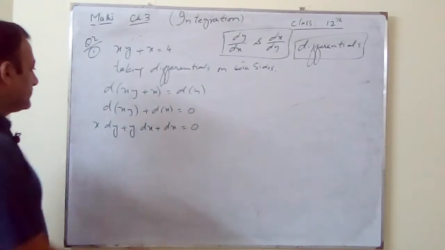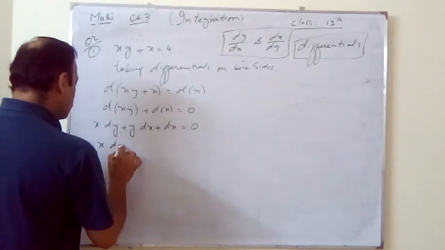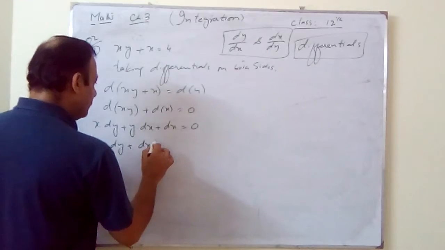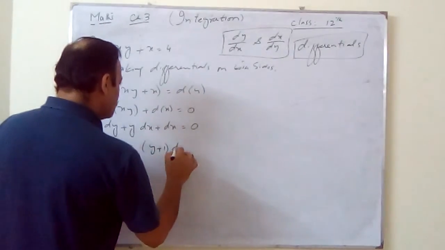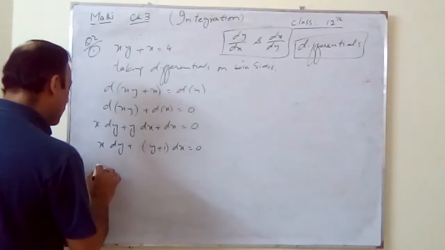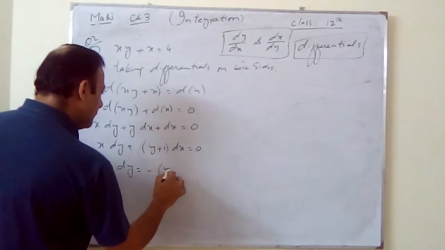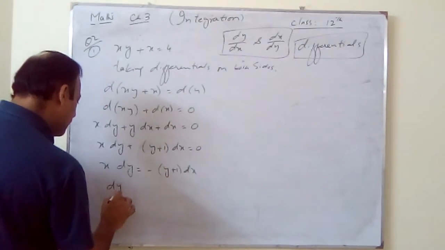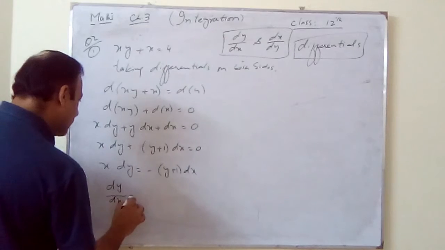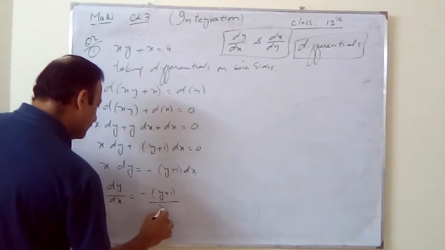So how can we do this? Take these two terms, dx is common, so we write (y plus 1) into dx, plus x dy is equal to 0, or x dy is equal to minus (y plus 1) dx, or dy by dx is equal to minus (y plus 1) divided by x.